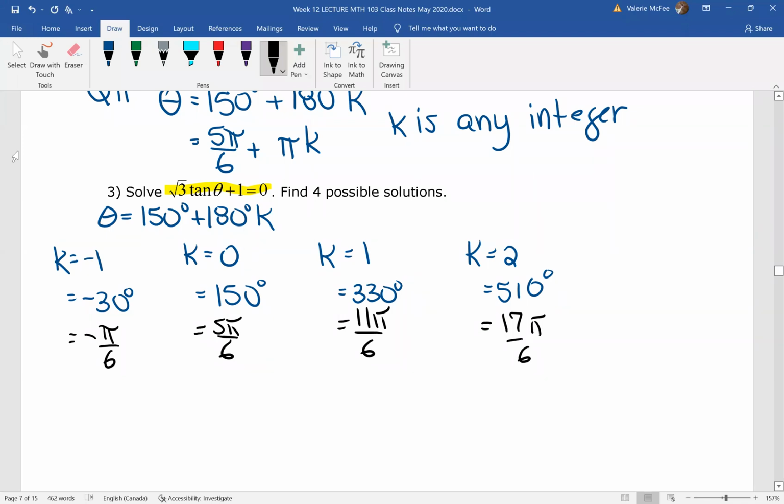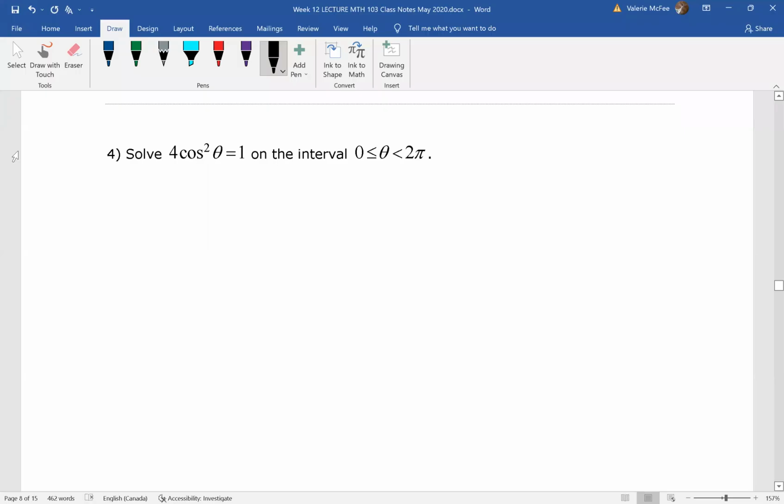So let's solve one more problem in this lecture. So you can see it's a little bit different. We have 4 times cosine squared theta equals 1, and we're solving this only on the interval 0 to 2 pi radians. Let's do it together. We're going to isolate cosine squared theta first of all.